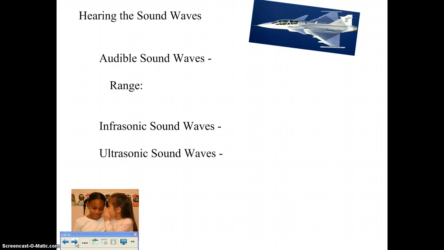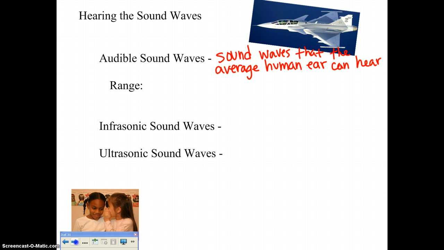Hearing the sound waves. So audible sound waves. What I'd like you to jot down here is sound waves that the average human ear can hear. This audible range goes from 20 to 20,000 hertz.